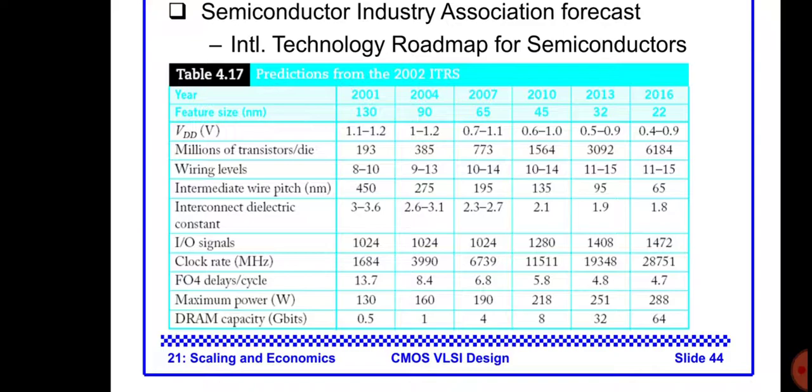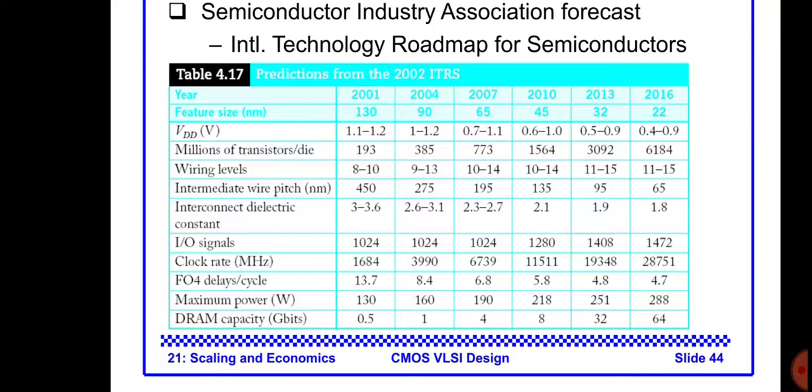The interconnect dielectric: in 2001 3 to 3.6, in 2004 2.6 to 3.1, in 2007 2.3 to 2.7, in 2010 2.1, in 2013 1.9, in 2016 1.8. Input output signals: in 2001 1024, in 2004 1024, in 2007 1024, in 2010 1280, in 2013 1408, in 2016 1472.